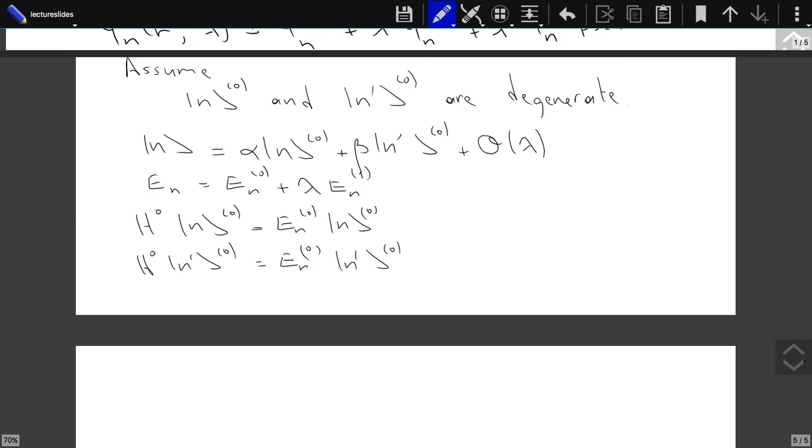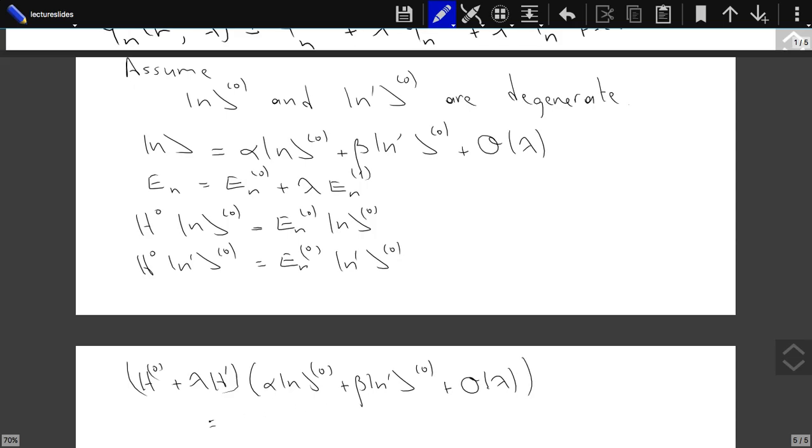Now let's try to repeat what we had done before. H0 plus lambda H prime acting on alpha N0 plus beta N prime 0 plus terms of the order of lambda.